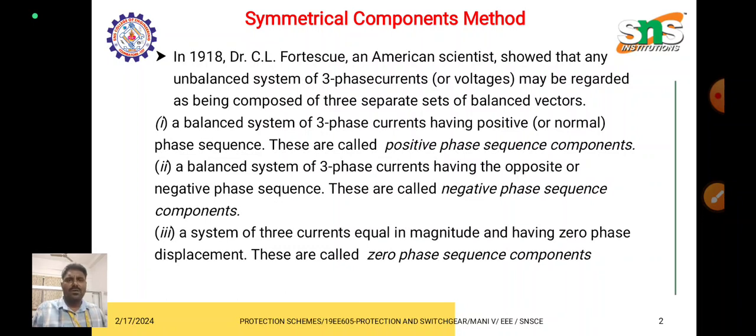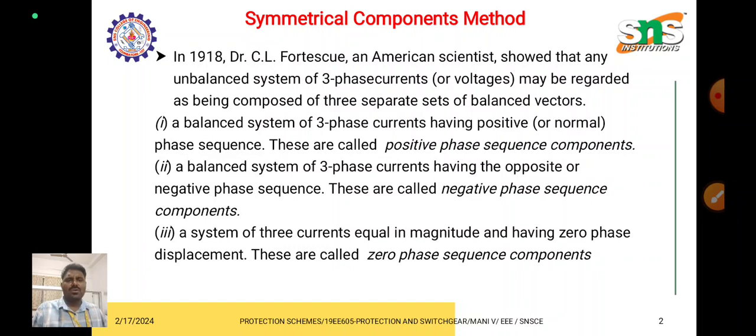Here, the positive phase sequence component means a balanced system of three-phase current having the positive phase sequence, and in the second one, a balanced system of three-phase current having the opposite, or it may be called negative, phase sequence.